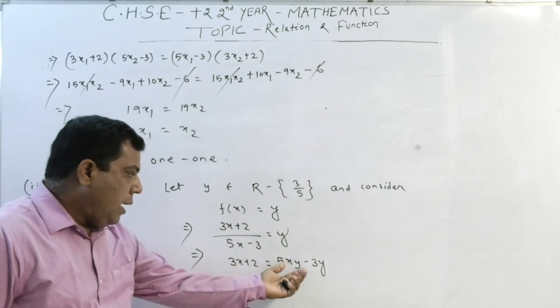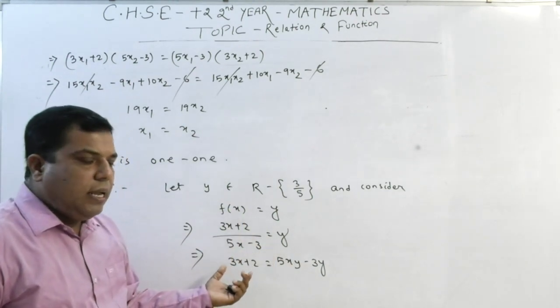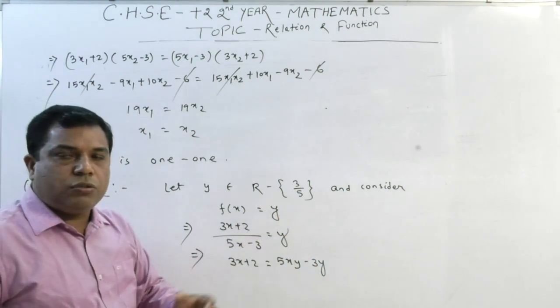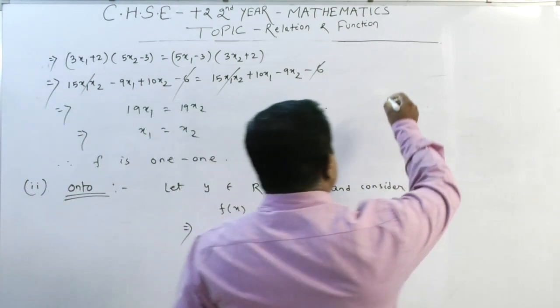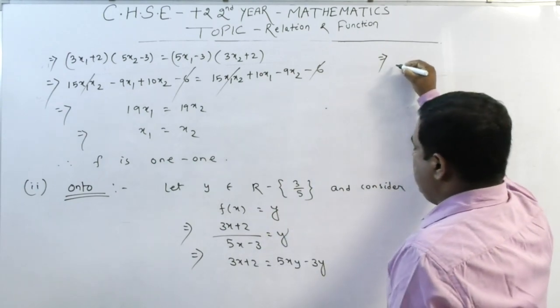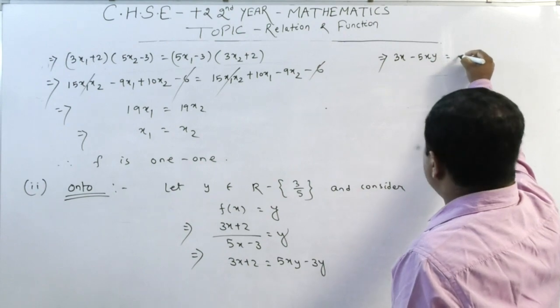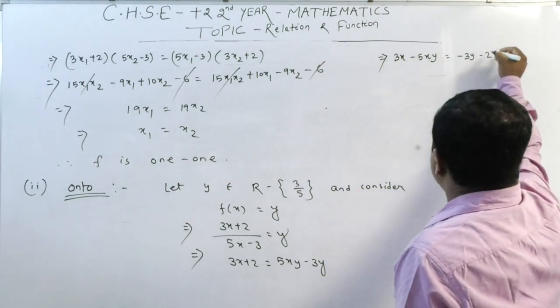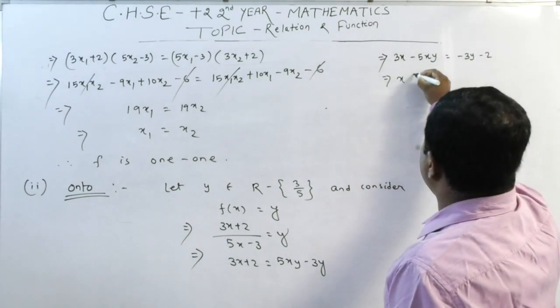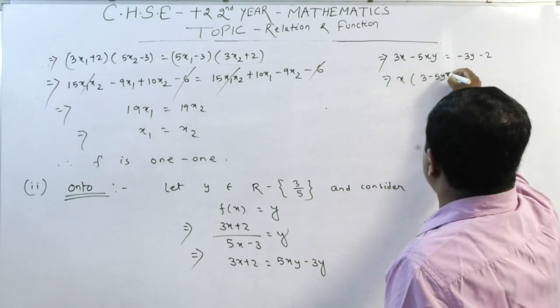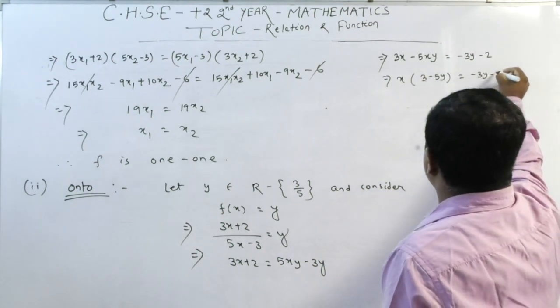So I keep the x terms on one side and take the others to the other side. That implies 3x - 5xy equals -3y - 2. Taking x as common, it is (3 - 5y) x = -3y - 2.